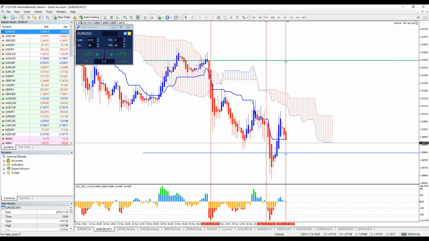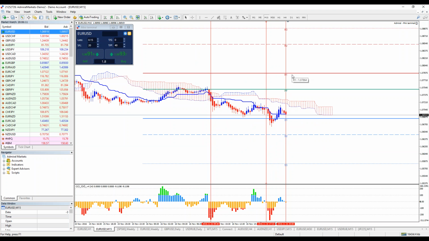Don't go with full price projection. So instead of taking full profit with R1 or S1, make it half or make 10, 15 pips and you would be fine. Indeed, I assume that markets are going to be slow simply because of Thanksgiving, yeah.